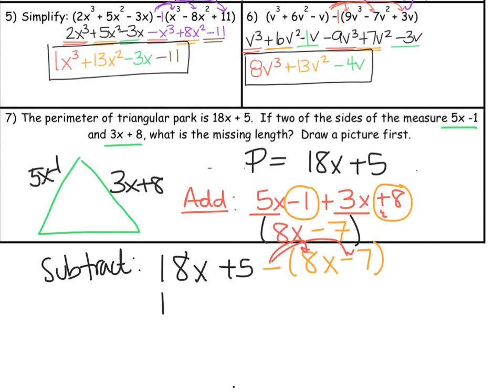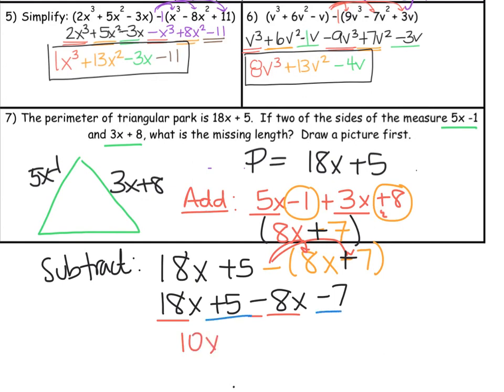So when we do that, the 18x plus 5 remains the same. We get minus 8x, minus 7. Combine like terms, 18x minus 8x is 10x, and a positive 5 minus 7 is a minus 2. So the missing side of this triangle is 10x minus 2.